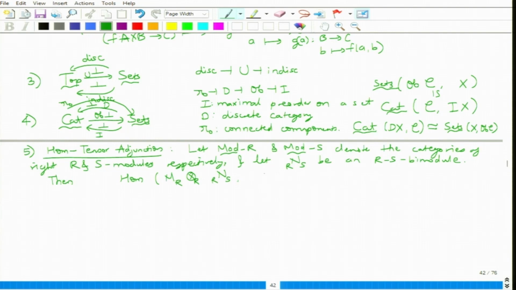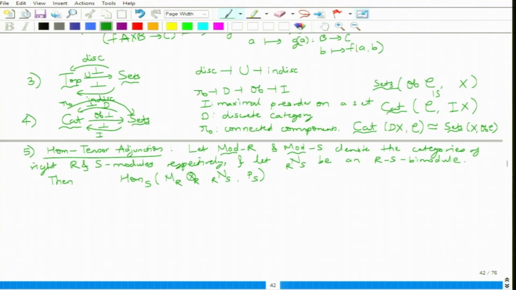This is too much algebra if you haven't seen that, and let PS be any arbitrary right S module. Then I'm taking their home as S modules. Because the tensor will consume R module structure, the tensor product is just a right S module and P is a right S module.